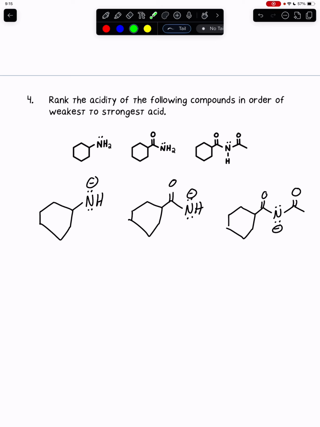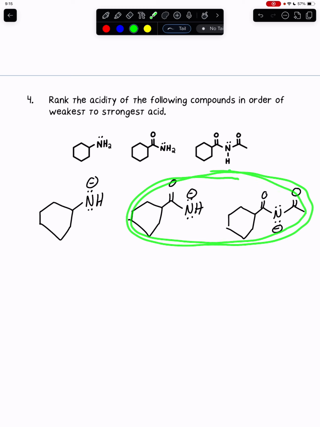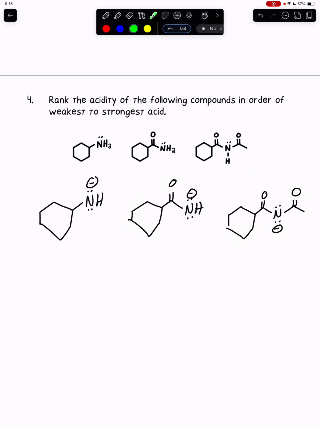But in some of them, the electron density is being delocalized via resonance. So these two here can engage in resonance. And what that means is they're going to be stabilizing the negative charge a lot more, which is going to make them weaker bases, which means they came from stronger acids. This one here, that negative charge is just localized on that nitrogen atom.